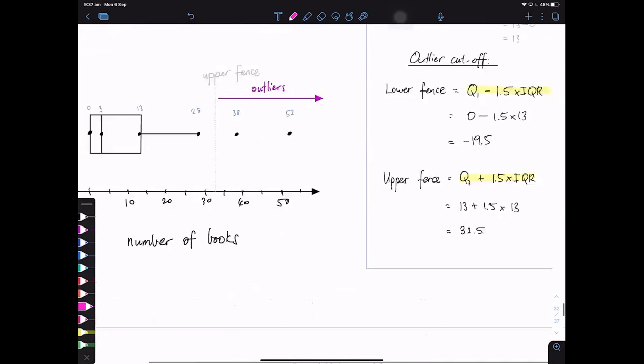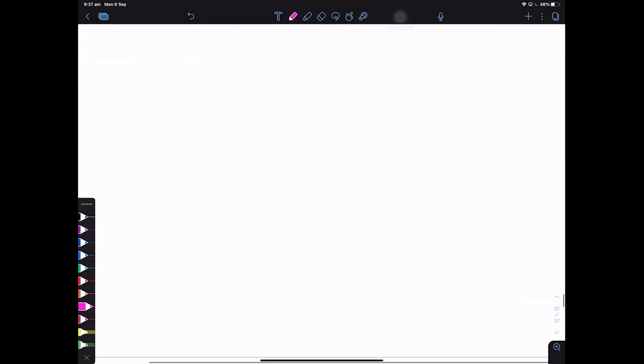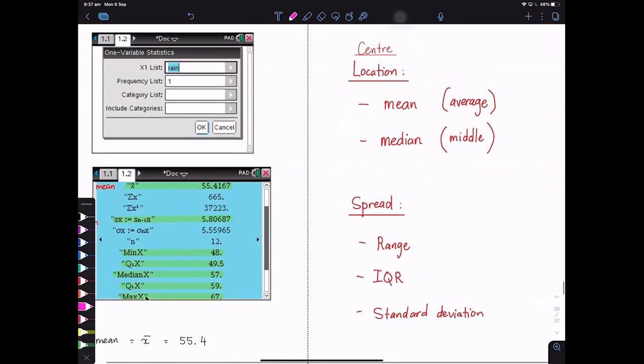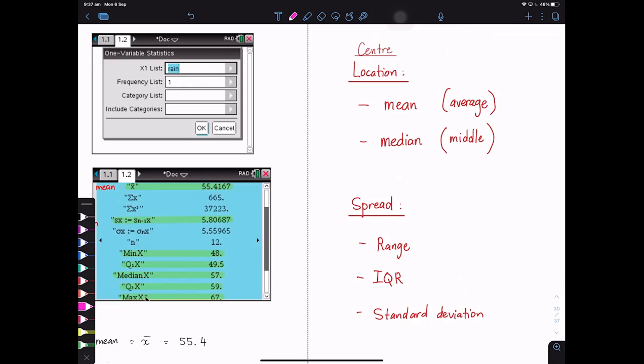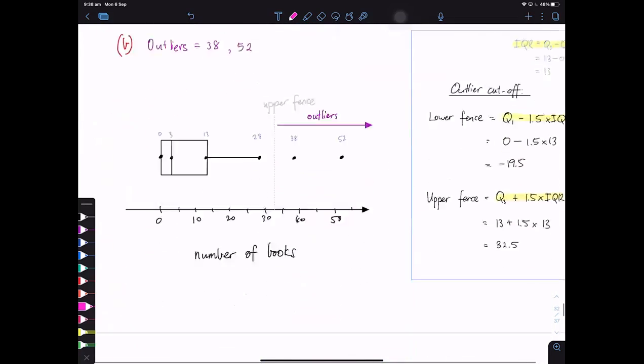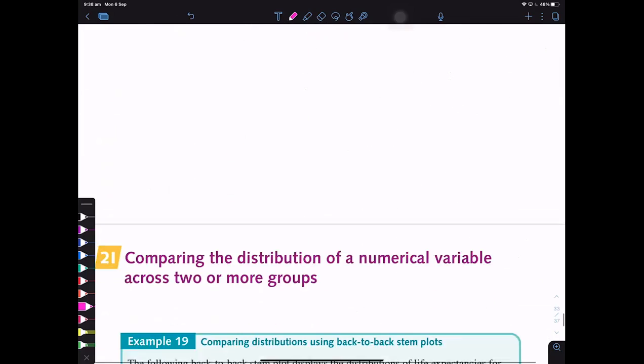What idea would we look at for spread? Spread is how spread out the data is, which means we should look at the range. Okay. Someone also said IQR, range, and standard deviation. So you're on the right track.